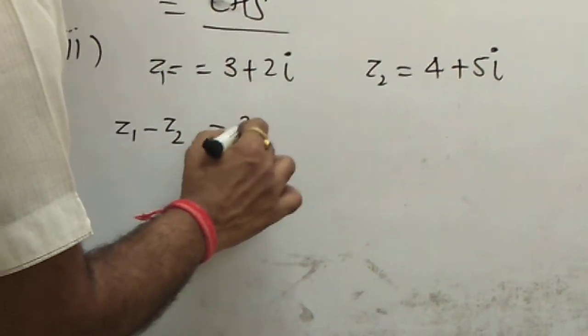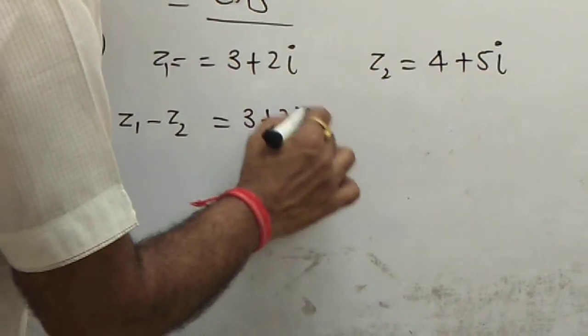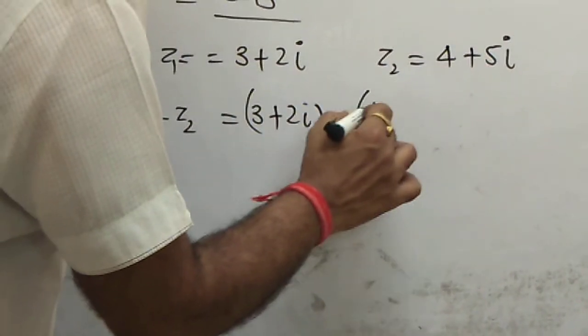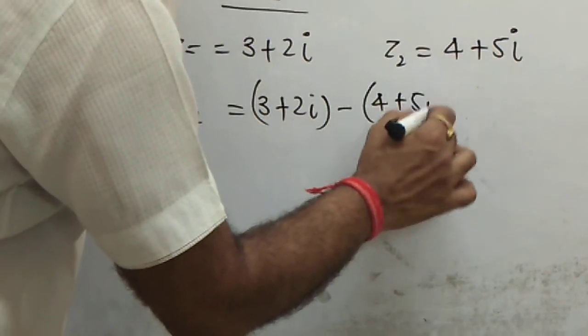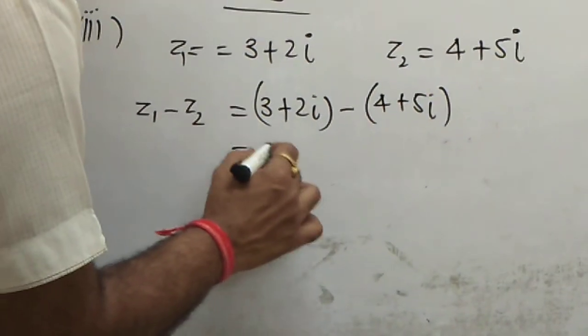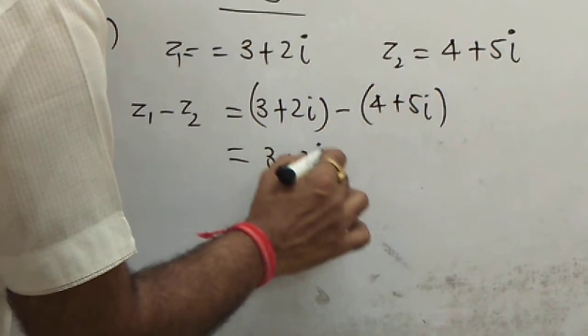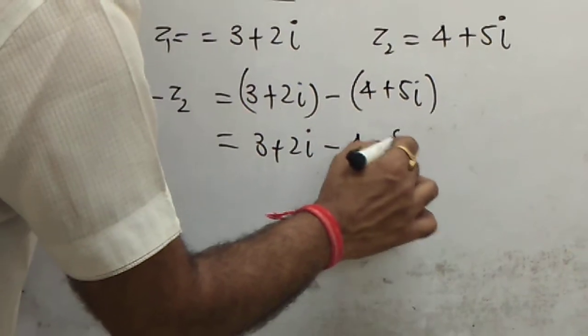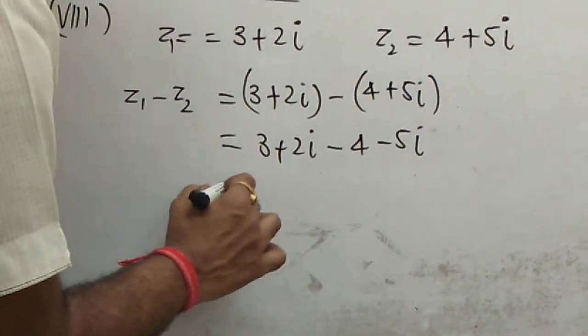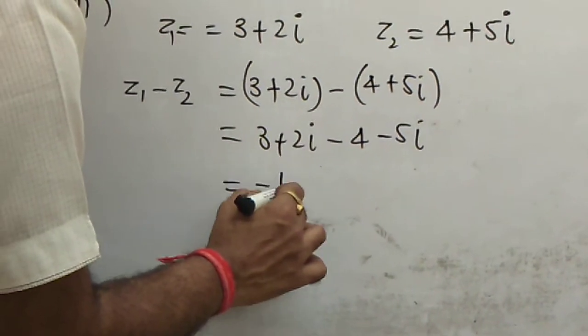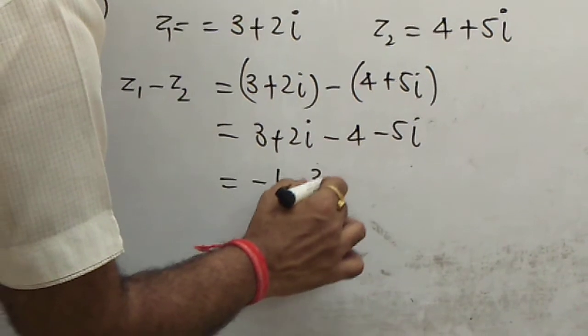First we find 3 plus 2i minus 4 plus 5i. So the result is 3 plus 2i minus 4 minus 5i. Then we have minus 1 minus 3i.